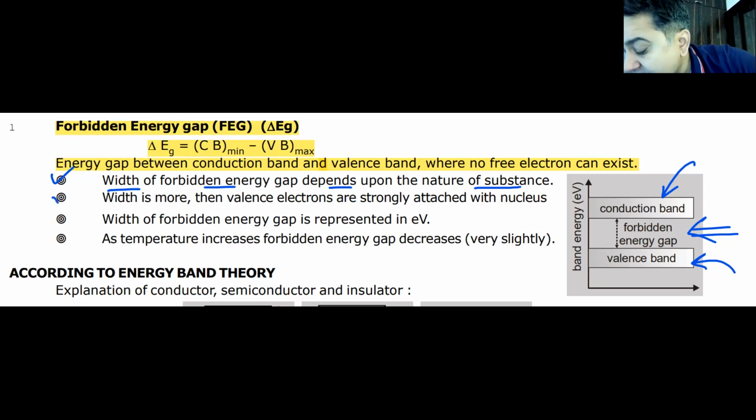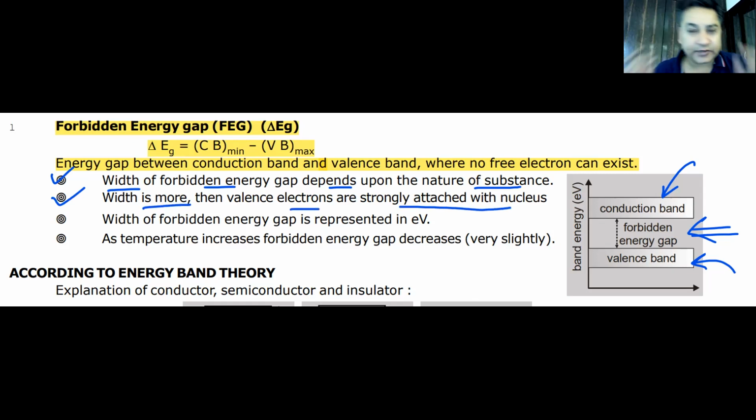Yes, sir. If the width is more, the valence electrons are strongly attracted to the nucleus and will not be able to jump into the conduction band, and therefore it may not be a good conductor. The width of the forbidden energy gap is given in eV. You must remember this.